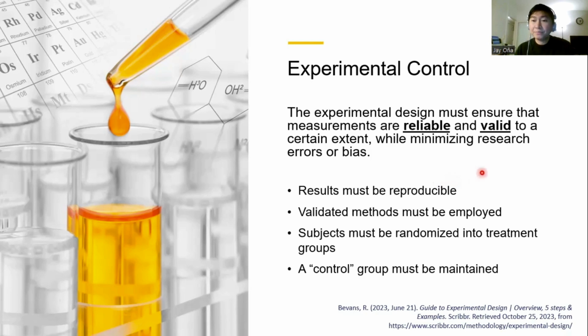And on the other hand, validity is secured or ensured by using validated methods. So let's say, for example, you're testing the concentration of metals in water. So a standard validated method for that is atomic absorption spectroscopy, or AAS.